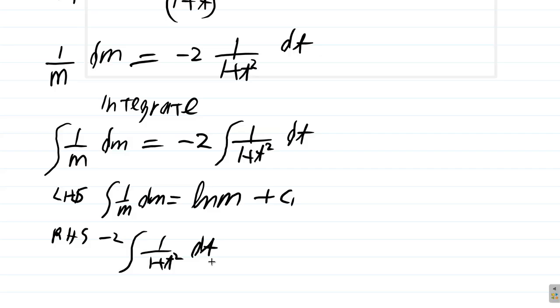The outside function is 1 over that. Now, if you have been doing a lot of integration by substitution, you could do it mentally. But let me assume that you have not been doing so. So let u be equal to 1 plus t squared. Alright?